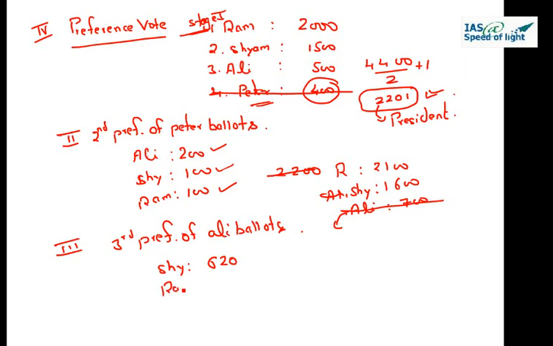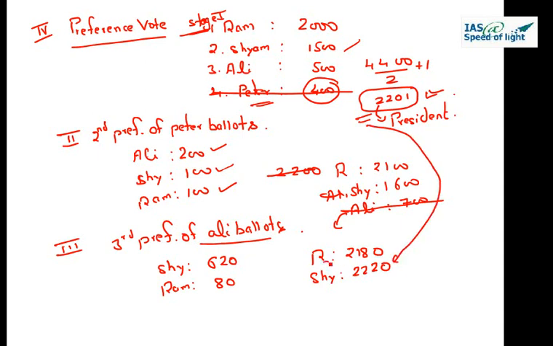Ram got only 80 as third preference under the Ali ballots. Now if we add it to the total, Ram has 2180 votes and Shyam has 1600 plus 620, that is 2220, and how many total votes are required? 2201. So in this case Shyam won the election and became president.